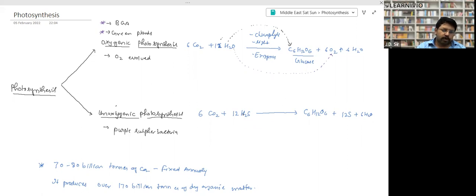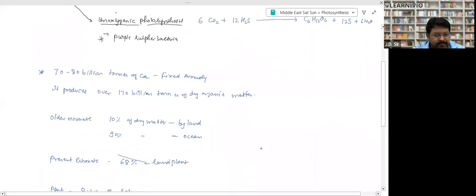Here, in place of water, hydrogen sulfide is utilized, so the hydrogen donor is hydrogen sulfide. The products are C6H12O6, 12 S and 6 H2O. So here formation of sulfur takes place in place of oxygen. These are the two types of photosynthesis.